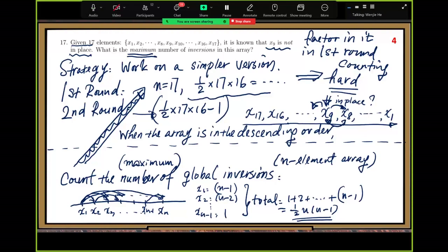Now it only changes this current inversion. Other inversions related to x9, no change. Other inversions related to x8, no change. And other inversions not related to x9 or x8, no change. So only one change. That's the main point, so you need to know all these things.